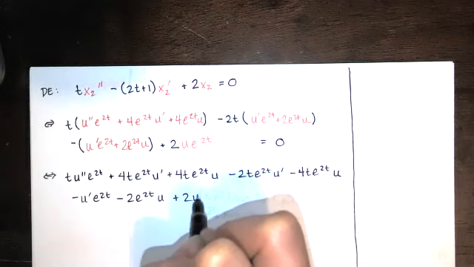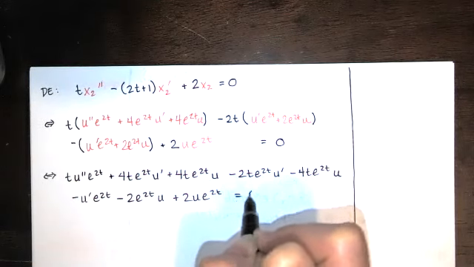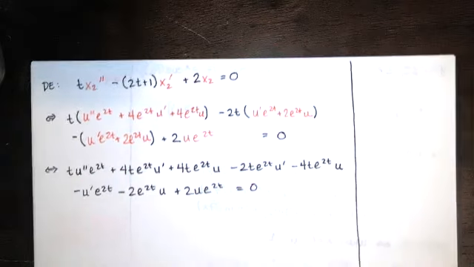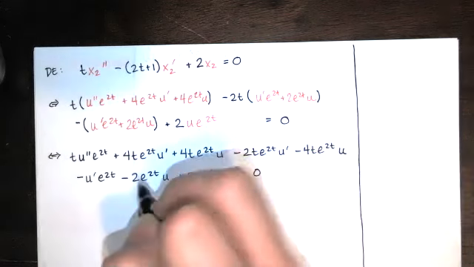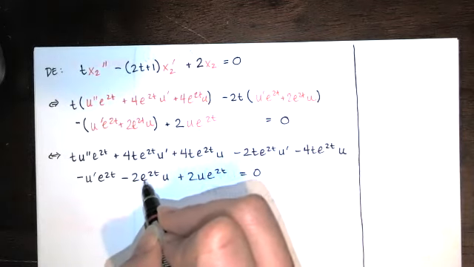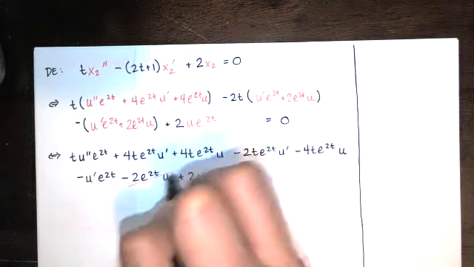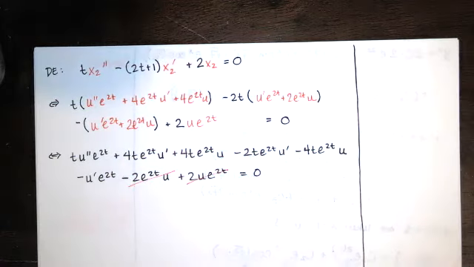And then you've got a positive there. Now, hopefully all of the u terms reduce. So that's what's necessary for this to be first order linear in u prime. I've got negative 2u times e to the 2t and positive 2u times e to the 2t. So those undo each other. Those are gone. Those operations undo each other.